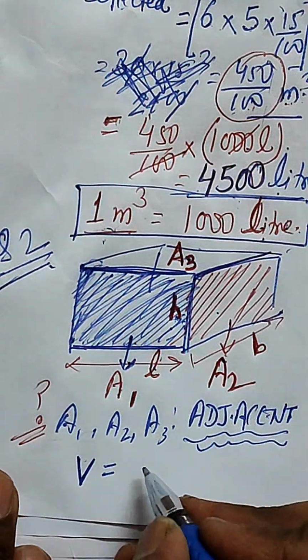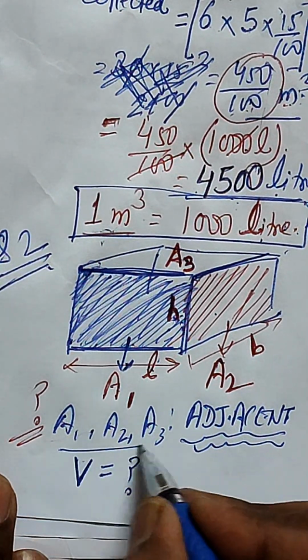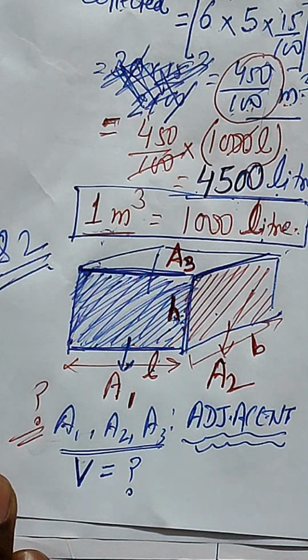We need to find the volume in the form of A1, A2, A3. This was the objective.